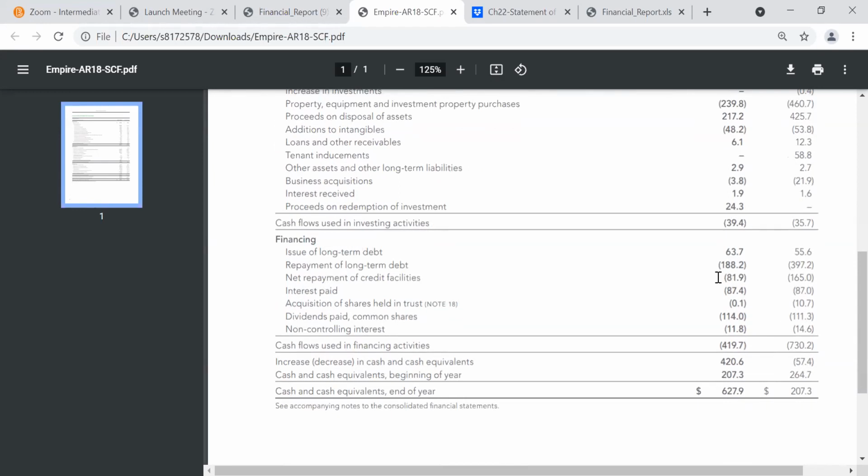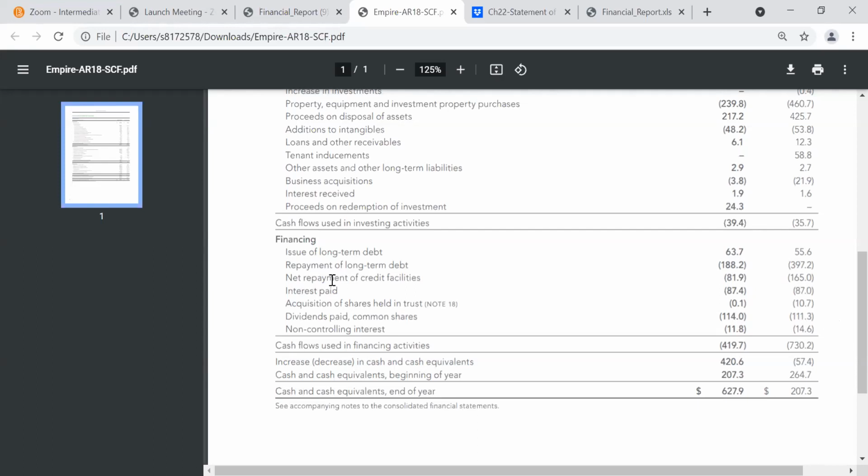So what they did is they paid off a lot of long-term debt, both years. They paid a very healthy dividend both years. Dividends are usually stable. Companies usually do not change their dividend policy in the short term, so the dividend amount usually doesn't change a lot.